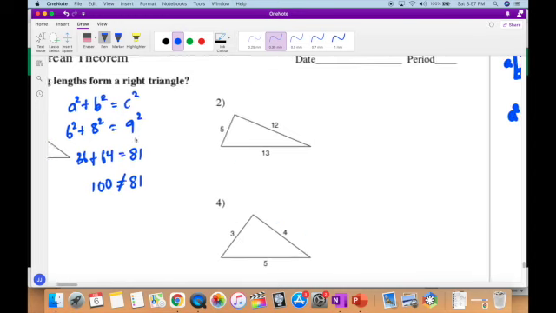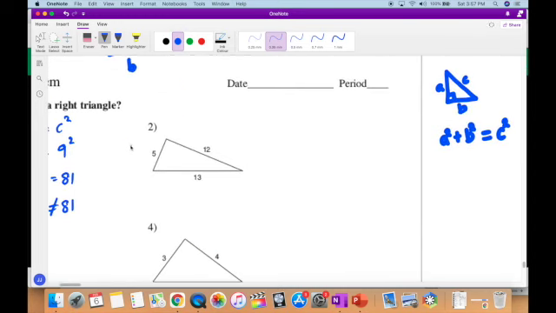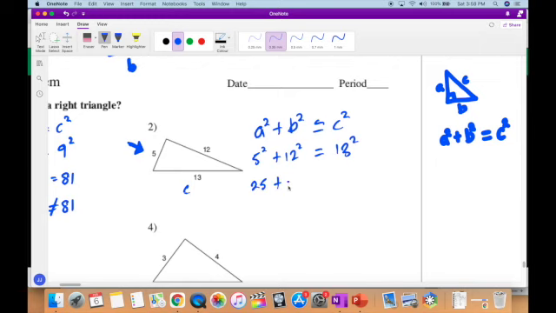Yes, sir. Right? Can you tell me real quick if this one is a right angle triangle? I'll give you a minute to work it out. If it's a right angle triangle, it should abide by Pythagoras theorem. So we see C squared is 13 squared, because that is the longest side. A squared plus B squared is 5 squared plus 12 squared. 5 fives are 25 plus 144.